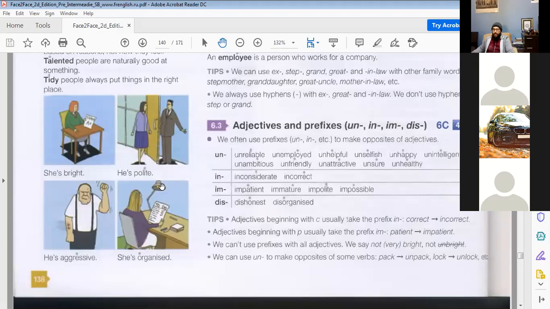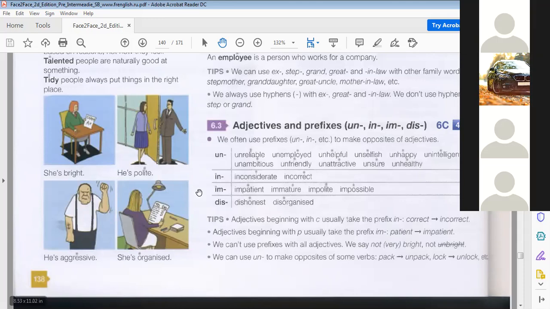Okay. Selma, can you read the rest of the groups here? Inconsiderate, incorrect. Right. What about the M group? Can you also read it for us? No, the next one, the M group. How do we read this?